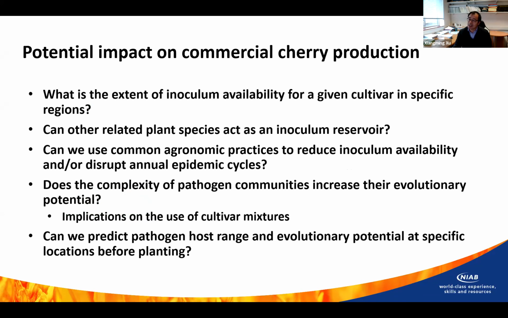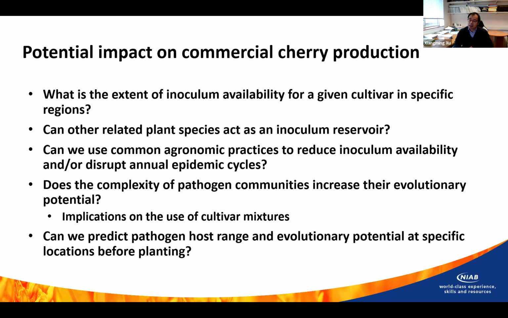The question really is, how does this work affect the commercial production of cherry? These are potential questions that could be impacted by the current research outcome, although it's very fundamental research.